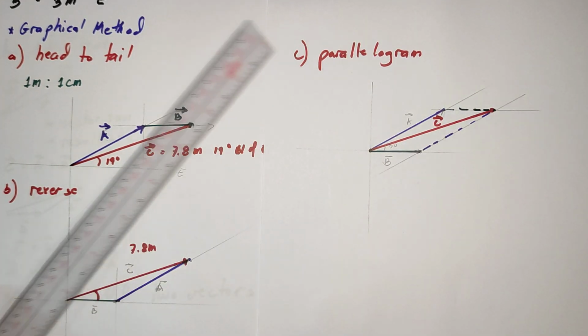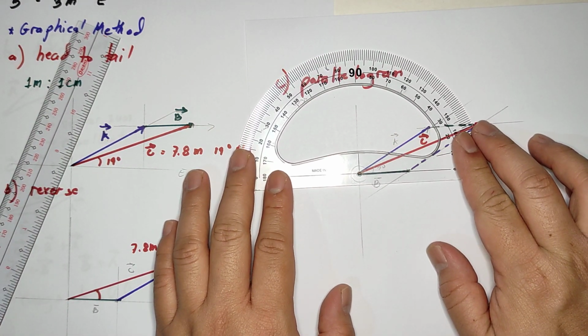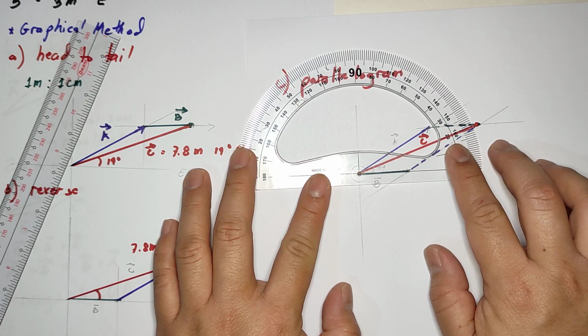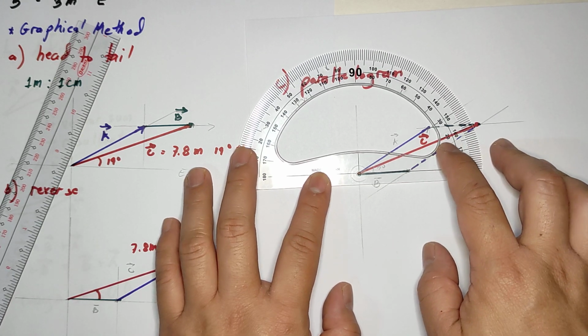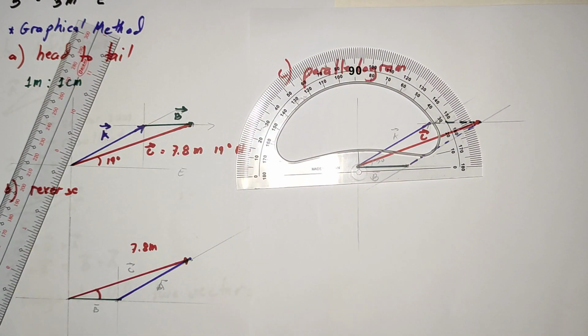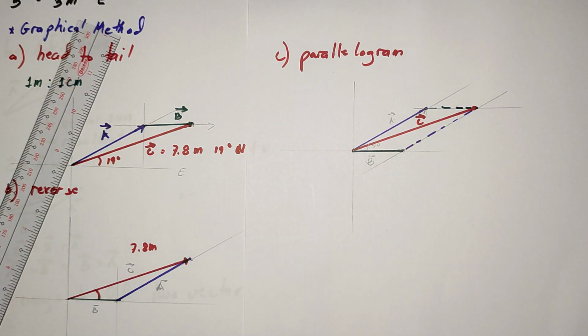And if you measure, it should be 18 to 20 degrees. Okay? See? Here is 20 because it's too thick. So if you use AutoCAD, you'll make it 18 or 17 point something.